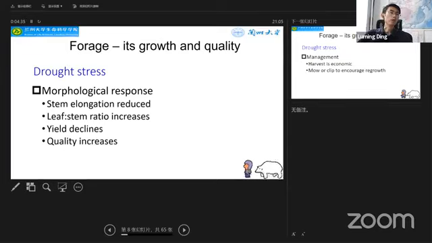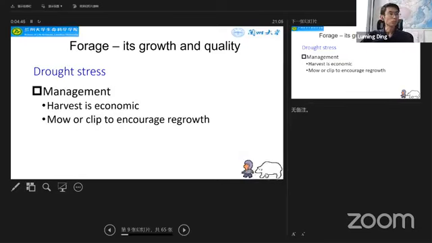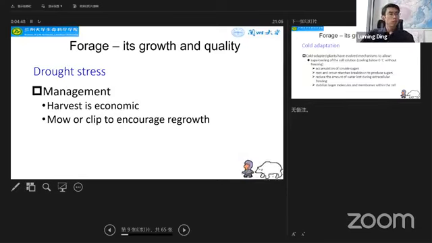So in the drought area, the quality of the forage is better. It is also the same for fruit or vegetable. And under drought stress, how to manage the forage? Of course, harvest is economic to get forage product. And mow or clip of the forage to encourage the regrowth is also another choice.